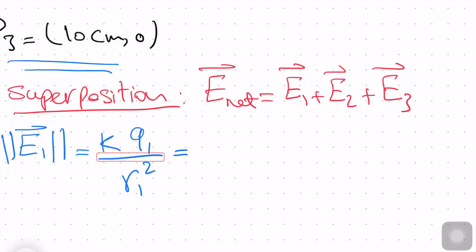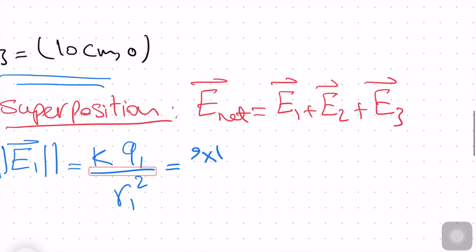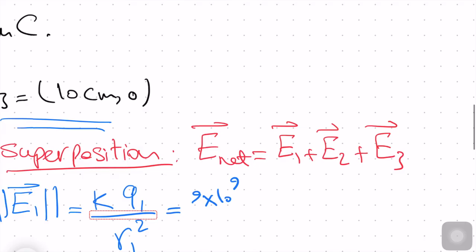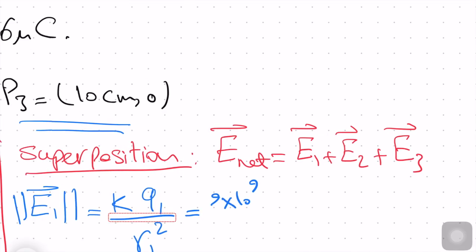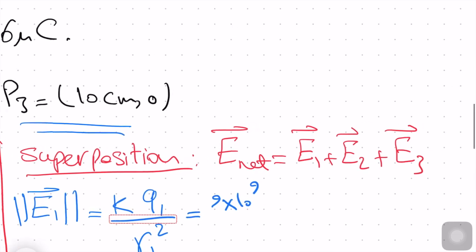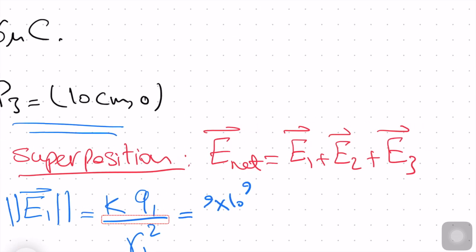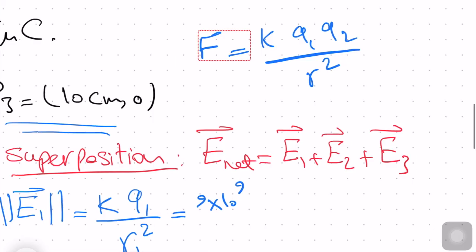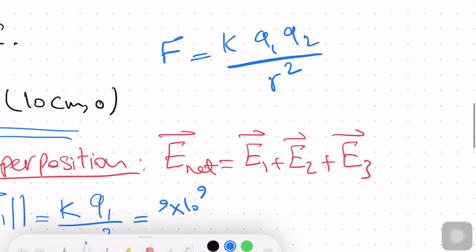So K will be given to you. It's about 9 times 10 to the 9. Now, I don't actually memorize anything, so I always forget the unit for these things. But I do remember Coulomb's law. So if the force between charges is K times Q1 Q2 divided by R squared, and I know the unit of each of these, right?